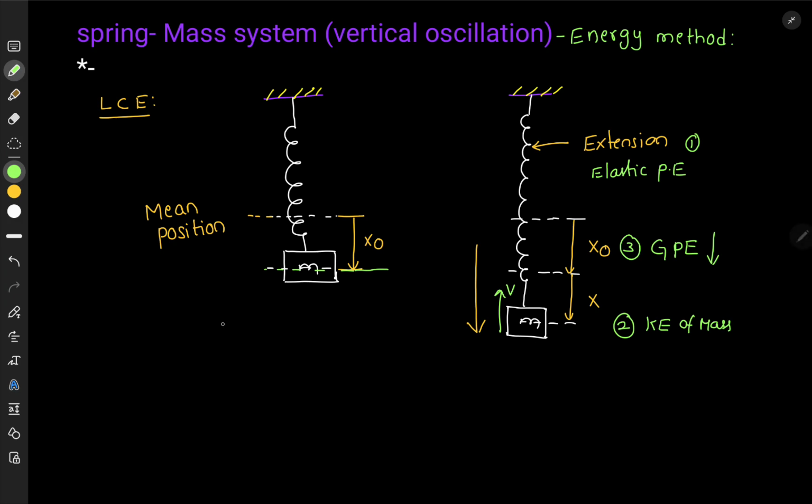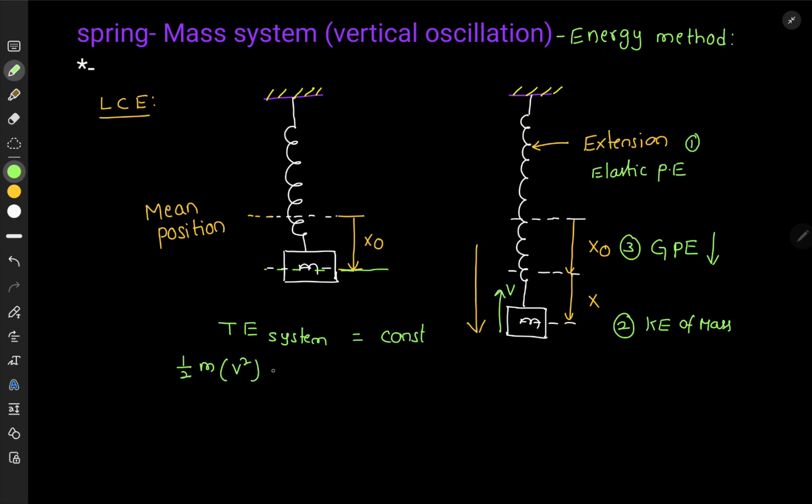Let us write that the total energy of the system is going to be constant. Let us take all the energies: half m v square, that is the kinetic energy of the mass.